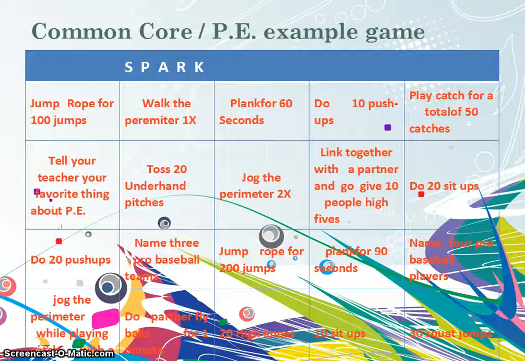Just some of the steps that the kids would have to perform before winning would be jump rope for 100 jumps, walk the perimeter of the facility that you're in 1 time, plank for 60 seconds, do 10 push-ups. It's just exercises. Play catch for a total of 50 catches. So as they're doing these, they have to keep count and read what they have to do.